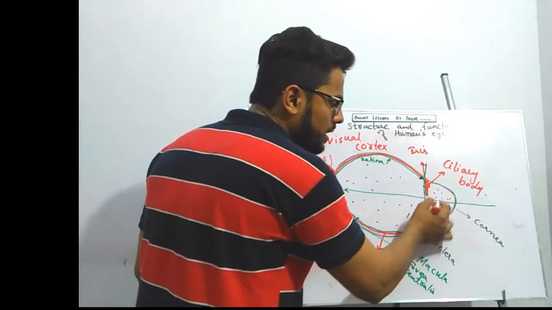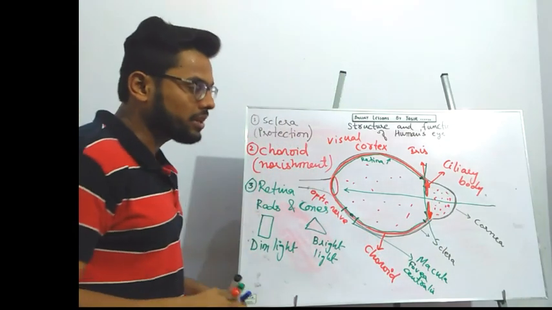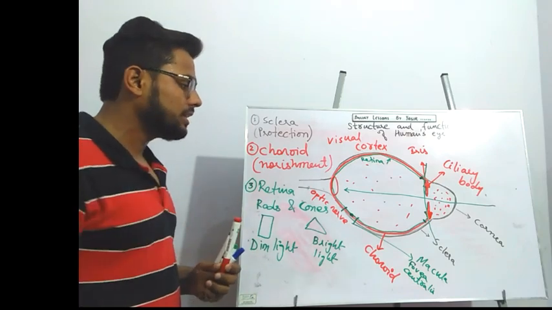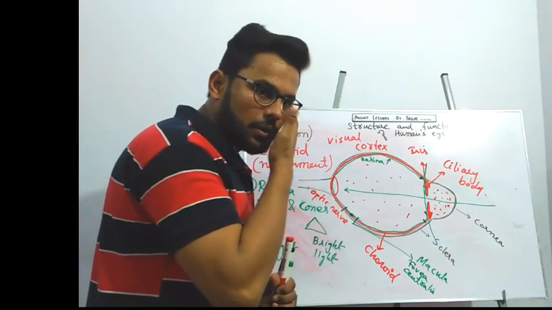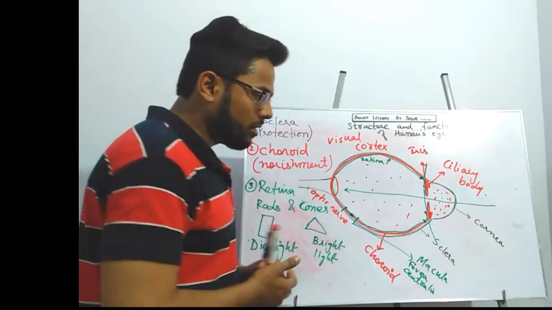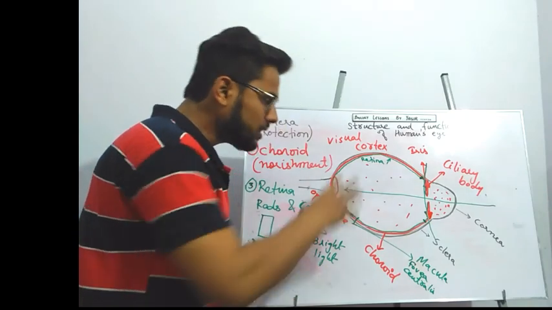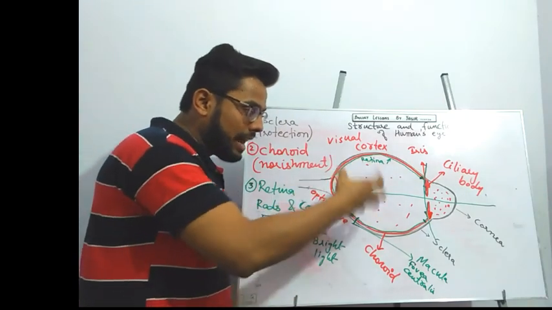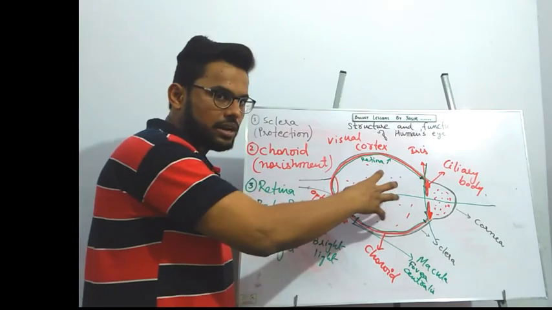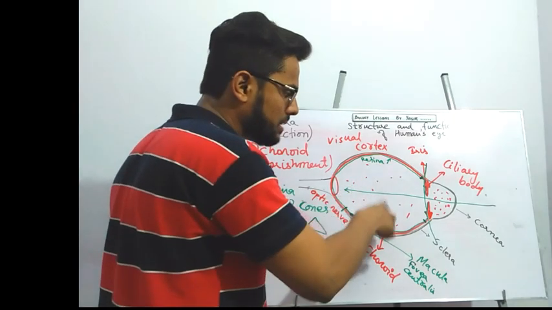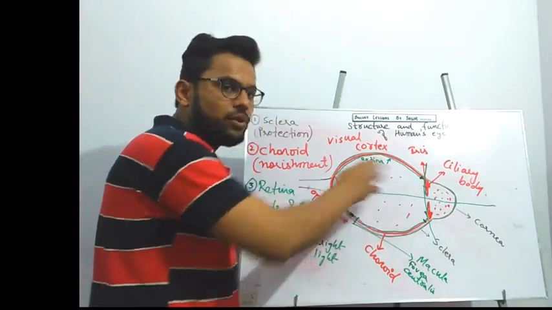The aqueous humor and the vitreous humor have the function of protection, and they also maintain the ocular pressure. Understood? They allow the eye to remain in its spherical form. The spherical form of the eye is maintained with these fluids.